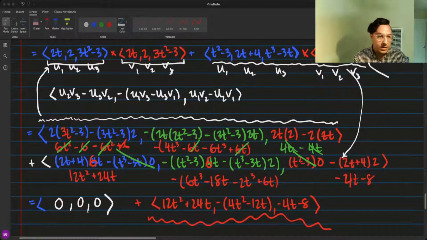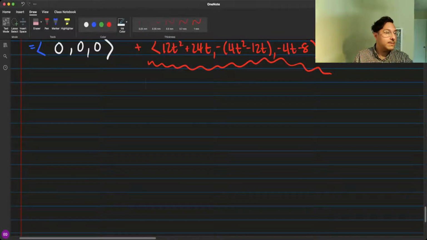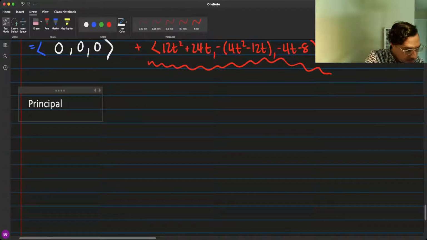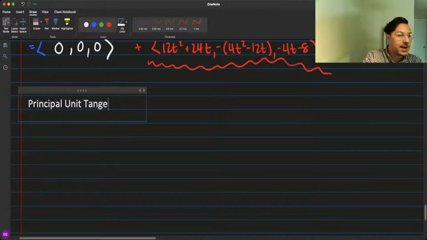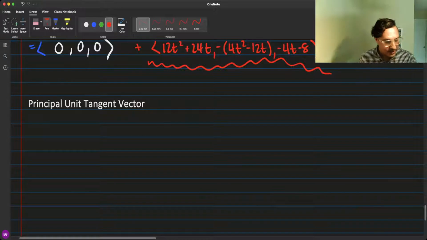Okay, so there's something that we want to talk about, which is called the principal unit tangent vector. And I want to do this with an example.